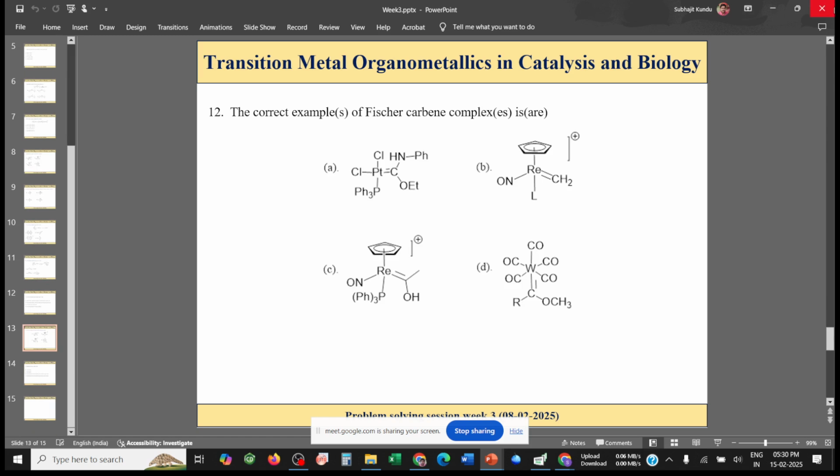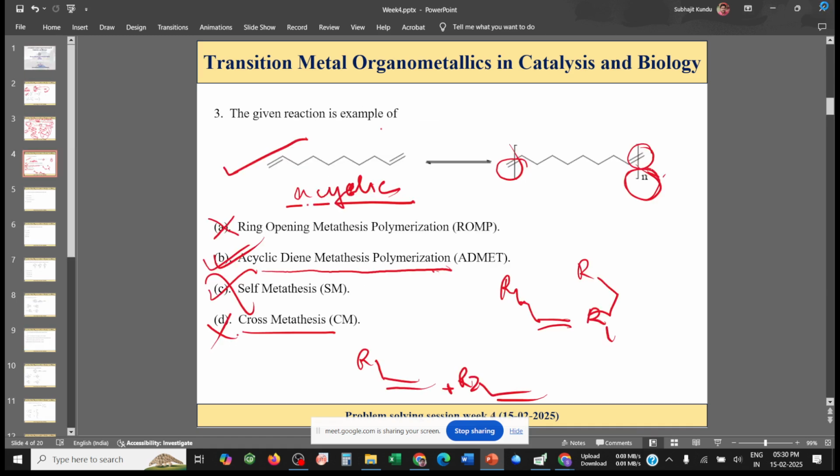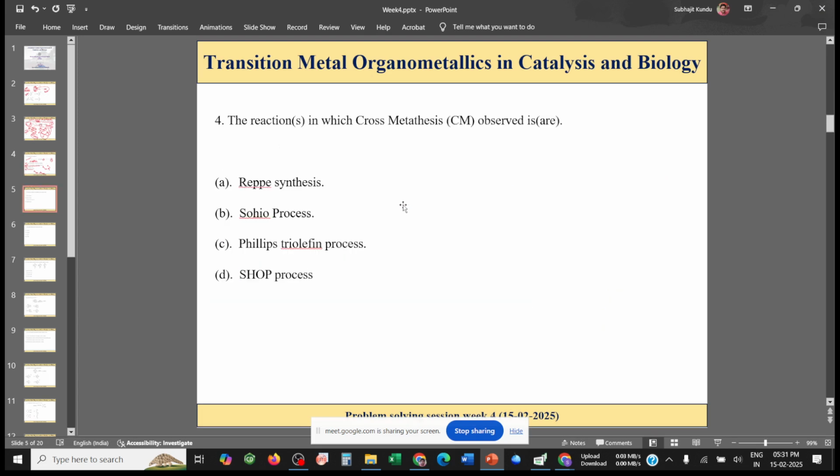The next question is: the reaction in which the cross metathesis is observed is. This is this week's assignment problem. This week we started reading the cross metathesis reaction, and we have completed two lectures totally on cross metathesis reaction.